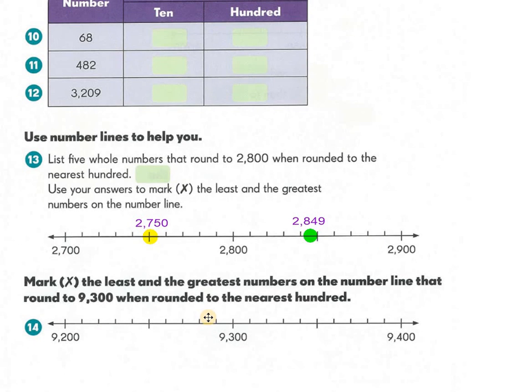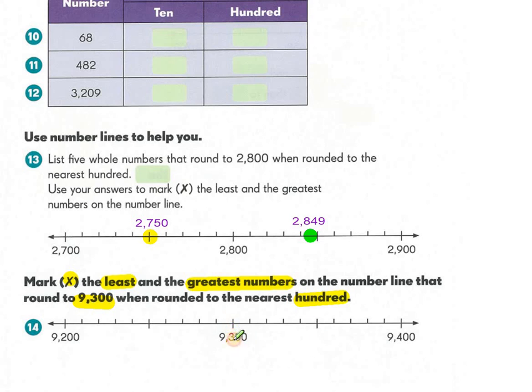All right, one more. I want you to do number 14 on your own. You're doing the same idea as number 13. And this time you are marking an X next to the least number and the greatest numbers on this number line right here that round to 9,300 when rounded to the nearest hundred.